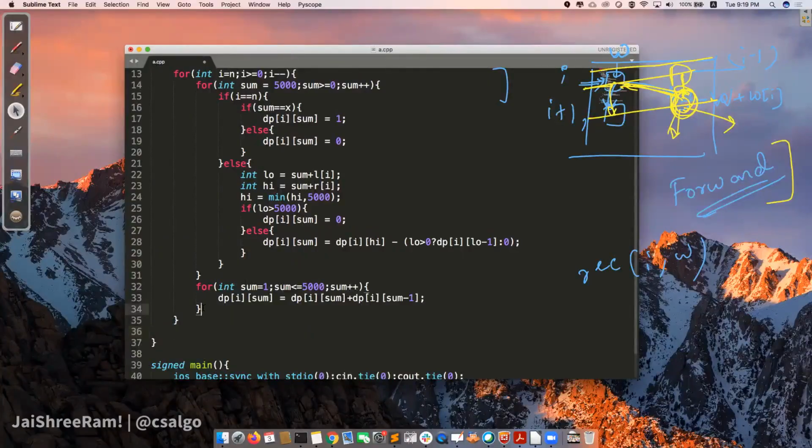Since we are drawing the prefix sum from front to back, it will be correct. So this is going to be dp of 0, 0. Make sure that when you are doing the prefix sum, if you had some other state as the solution, it's not affected by this prefix sum. That's what I wanted to check.